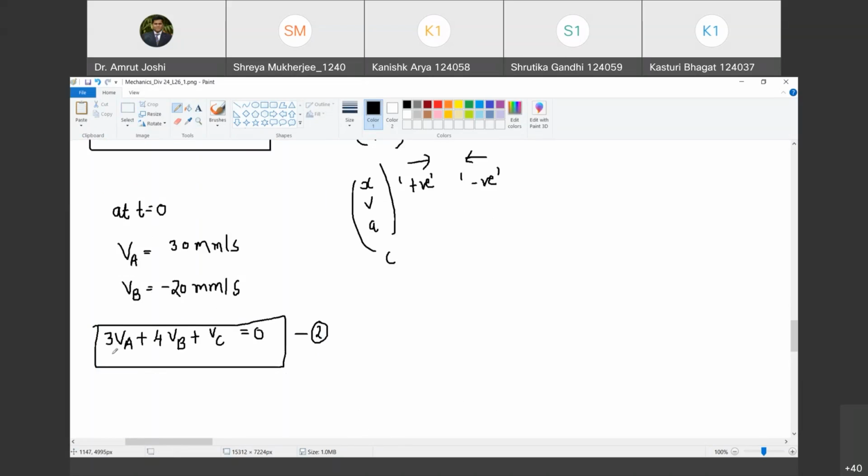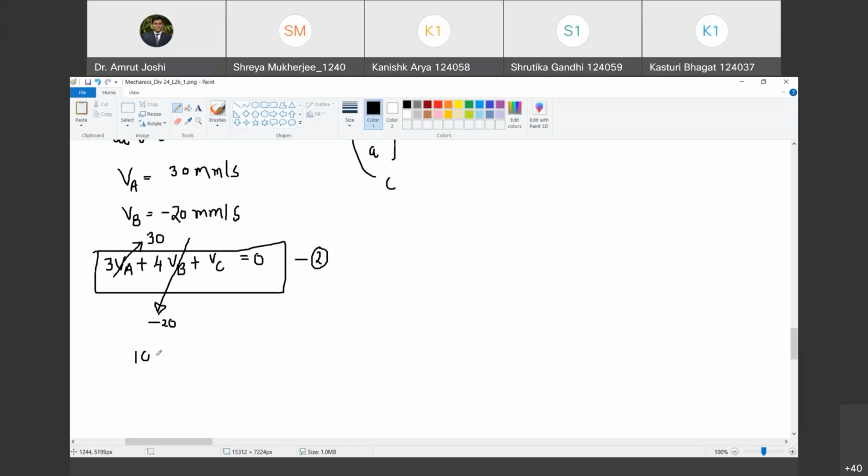In that, how much is VA? VA is 30. How much is VB? VB is minus 20. So what do we get? 3 times 30 is 90. 90 minus 80. So we get 10 plus VC equal to 0. Agreed? Yes, sir. And how much is VC now? Tell me.